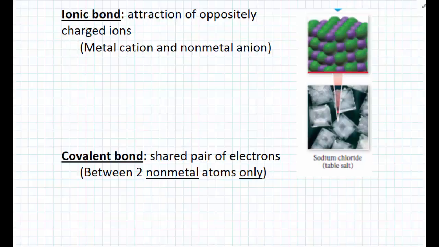Okay? If you've taken high school chemistry, or if you've taken an introductory chemistry class, okay? The difference between covalent and ionic bonding is one of those very important things. So let's talk about how ionic bonding happens. That's the attraction of oppositely charged ions, and we have that when we have a metal and a nonmetal. We saw last time that metals form cations, for instance, like sodium.